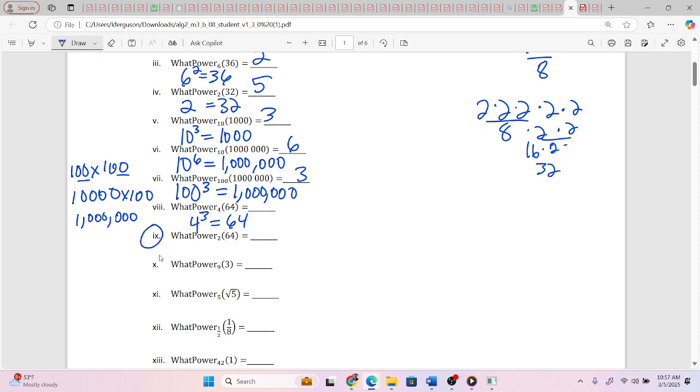Skipping that one. What power of 9 equals 3? So I've got a higher number going to a lower number, but I'm taking it to a power. We talked about this stuff yesterday and the day before. What's my exponent? 1.5.